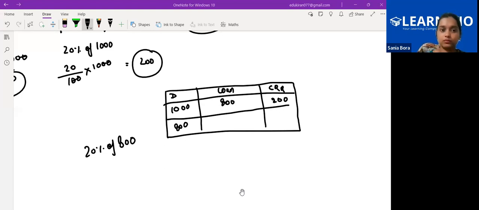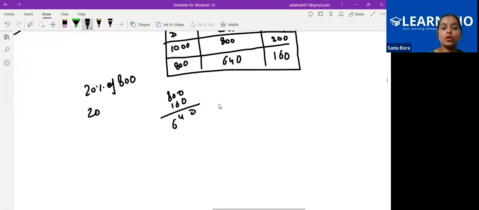Can you repeat? You have to find 20% of 800. How much would be the cash reserve? Okay, ma'am, 160 CRR. Yes. Then 800 minus 160 will be 640. So this is how the entire table will go.